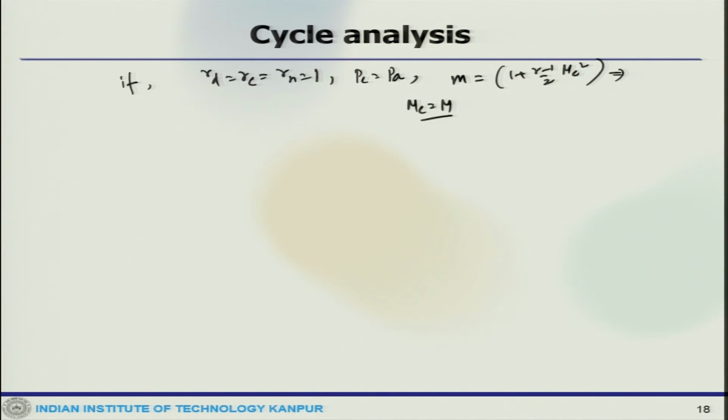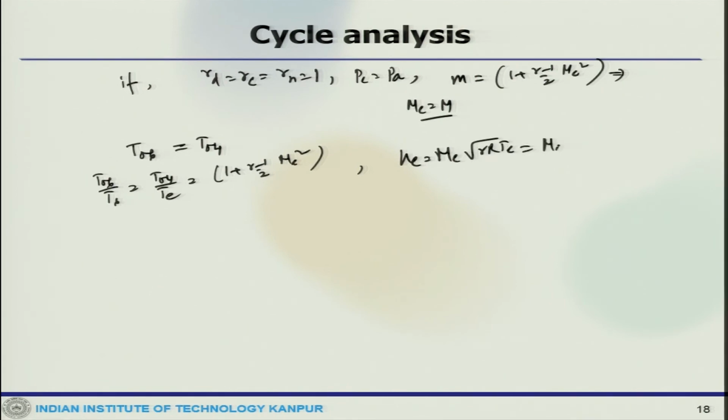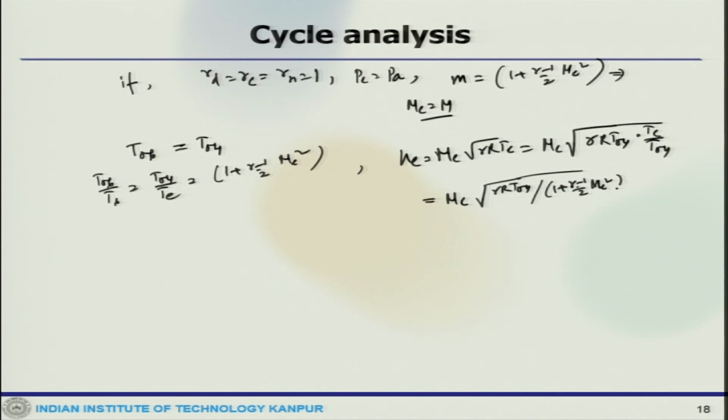Okay. Now, if the heat transfer from the engine is assumed negligible, then the exhaust total temperature T naught 6 would be T naught 4, and what we can get is T naught 6 by T 6, or T naught 4 by T exit, equals 1 plus gamma minus 1 by 2 M e square.